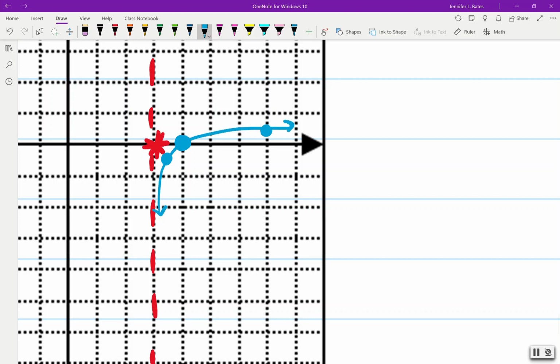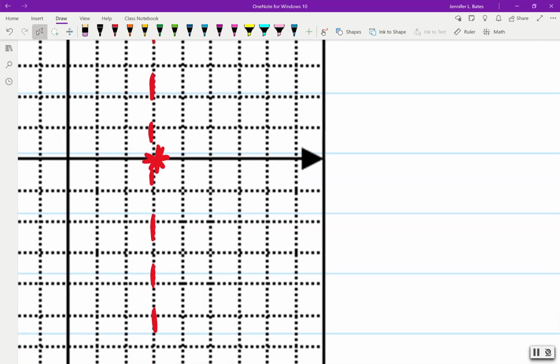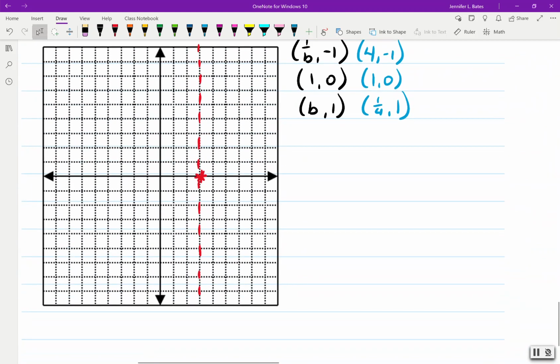What's up? Is it supposed to be going the other way? Yes. Because I meant to do, what did I mean to do? Let's redo this. So I meant to graph what points? Good catch.